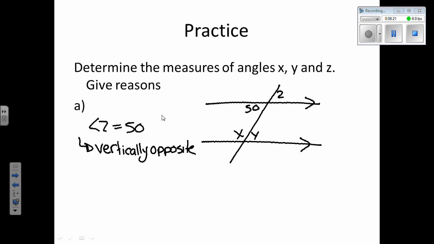So we know that angle Z is 50 degrees because it is vertically opposite.